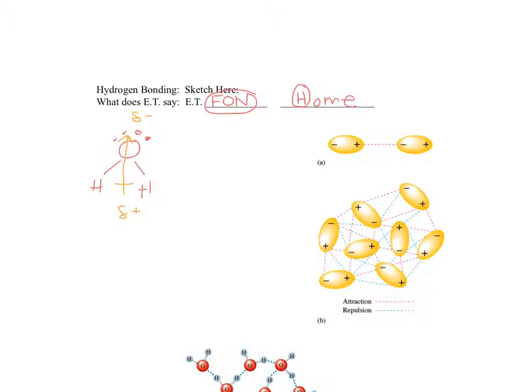Now if we get another water molecule in close proximity of this, again, we also have another dipole moment. This side slightly negative, this side slightly positive. And then we have the hydrogen bond, which is this right here. This is considered the hydrogen bond between the two water molecules.